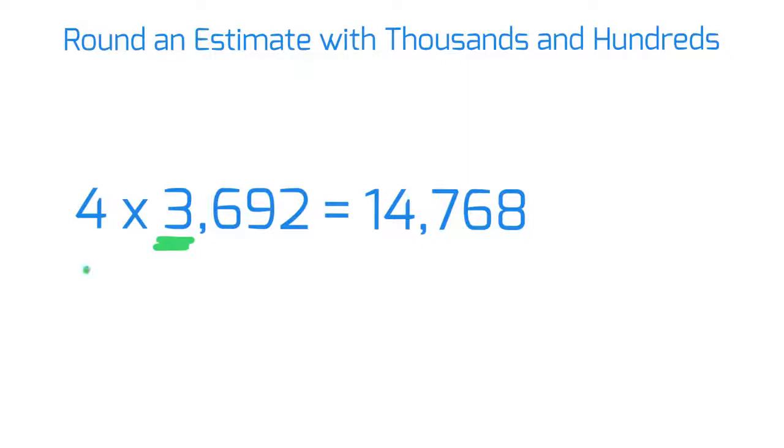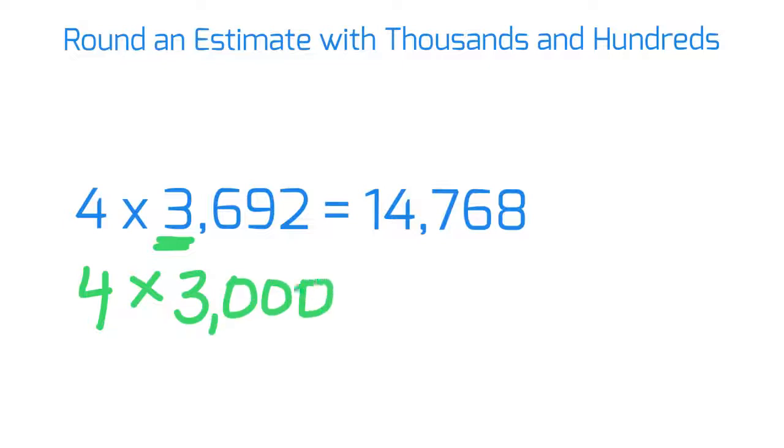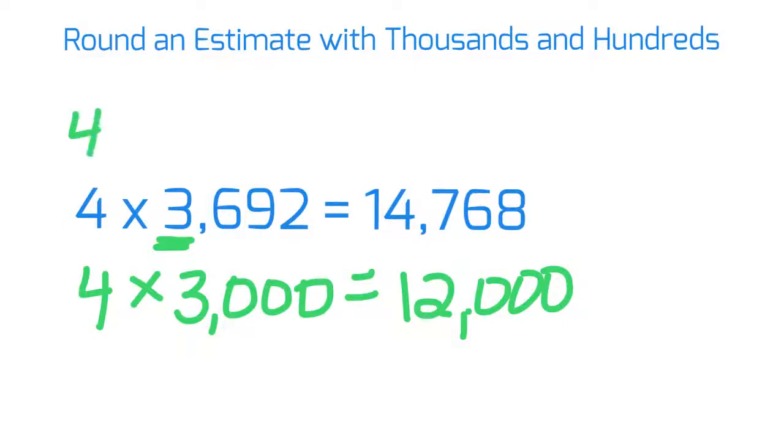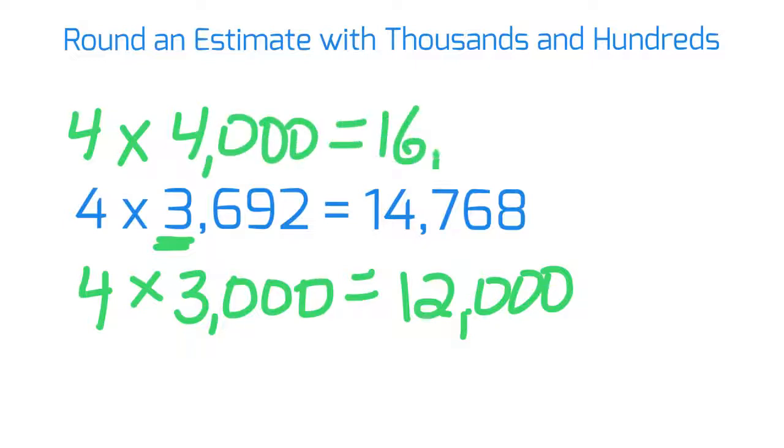So I could say that 3,692 is close to 3,000, which gives me an estimate of 12,000. Or I could round up by saying 4 times 4,000, which gives me 16,000.